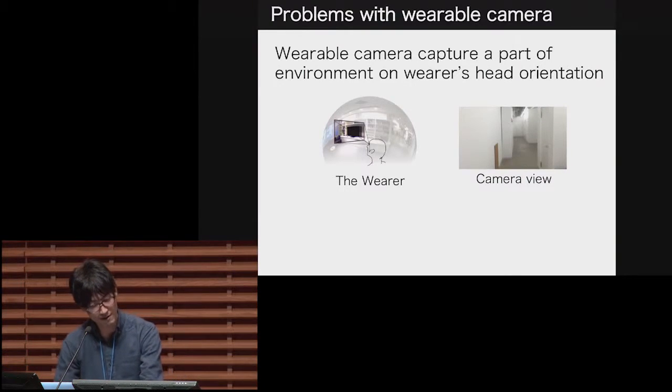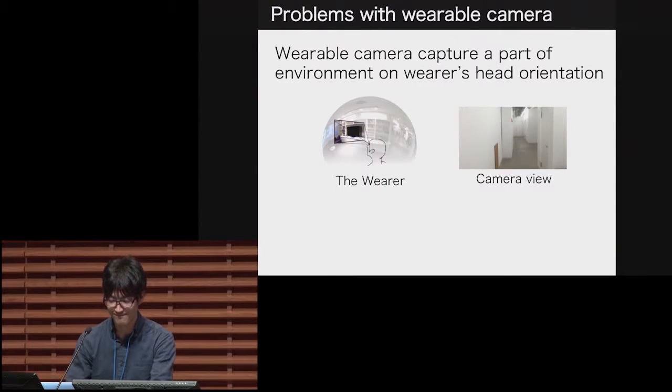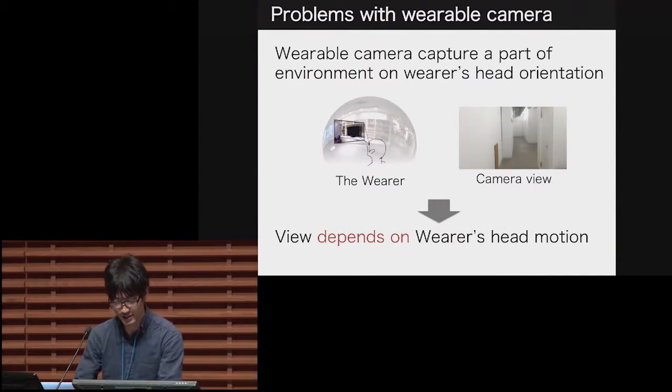Such problems occur because a wearable camera captures only a part of the environment, and the view is limited by the wearer's head orientation. In short, the view is dependent on the wearer's head motion.